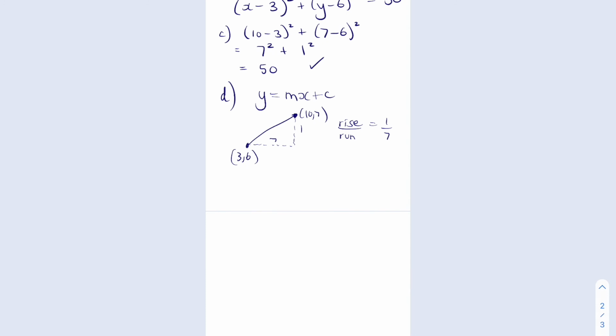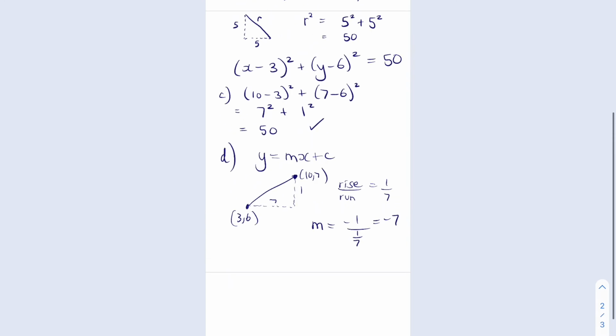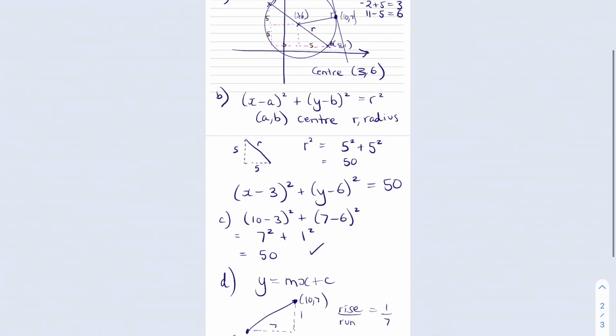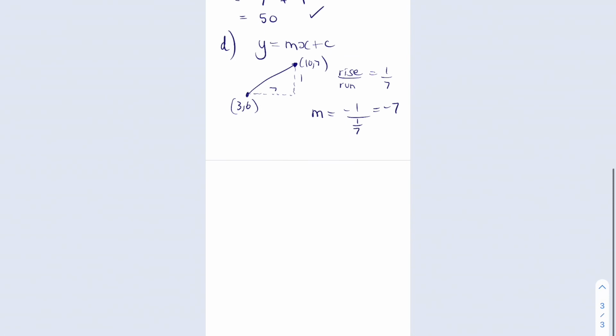So the line that's perpendicular to it will have a gradient m of minus 1 over 1/7, which is minus 7. So we were right to get this line which has a negative steep gradient of minus 7. So far we have y equals minus 7x plus c. And I know that the point 10, 7 is on that line, so that was that tangent there.